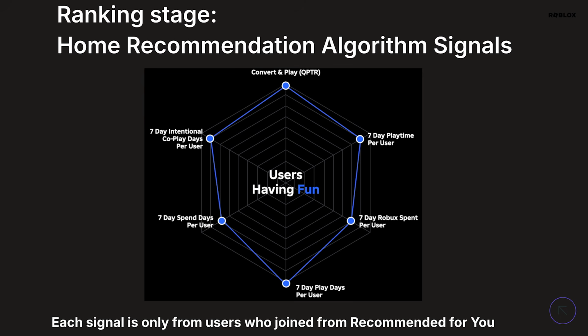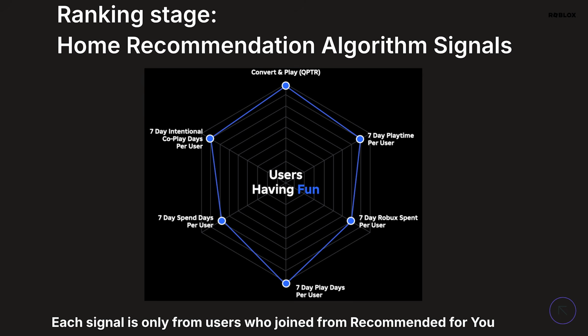And also they brought their friends together to play with them jointly. So all these signals tell us not only did the user enjoy the game, but they enjoyed it deeply over the next few days or 7 days, so that we can tell this game is good for broader distribution.